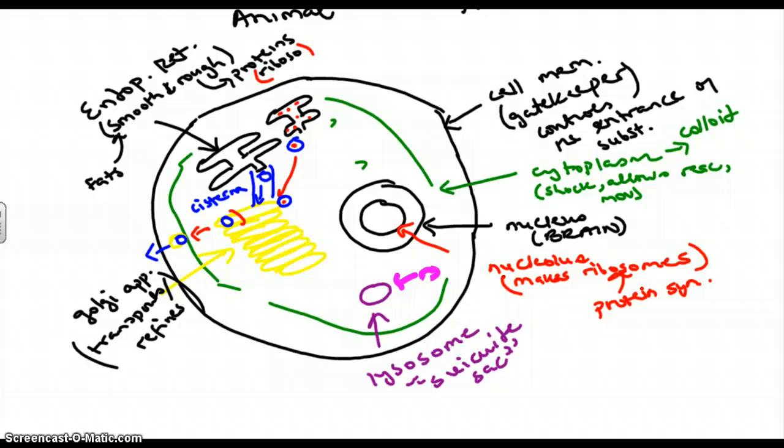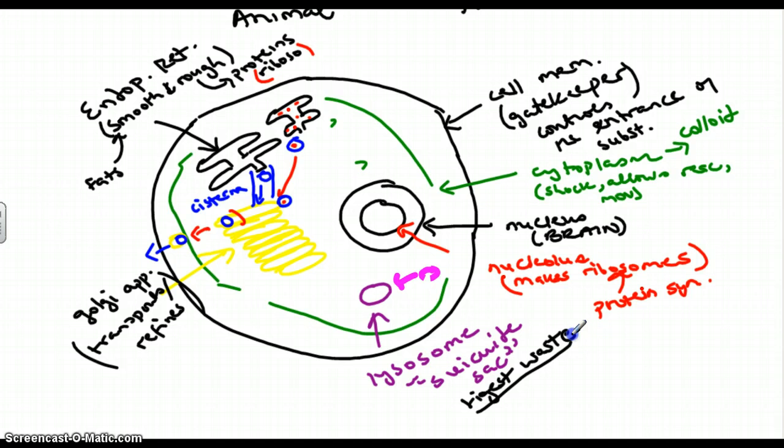Why it's called a suicide sac is, let's say the cell is getting old. The lysosome can digest itself and get rid of itself. So lysosomes are used to digest waste. So that's what a lysosome is.